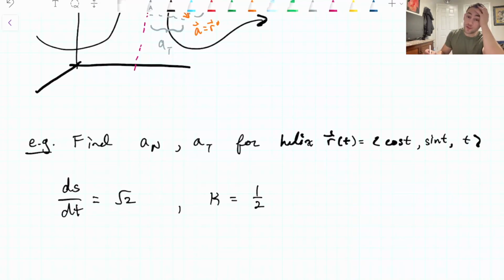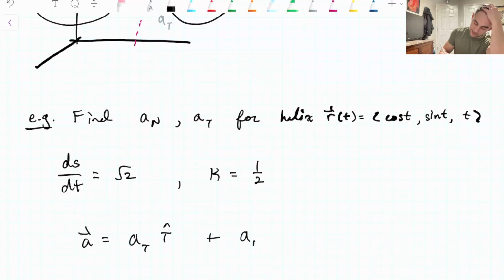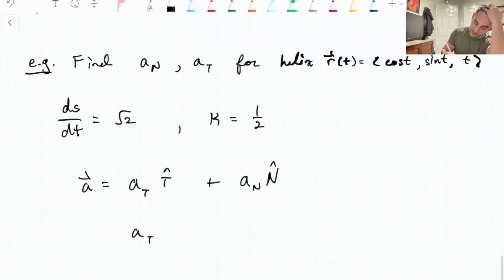So putting together these normal components should be pretty straightforward. I should find that the acceleration vector a sub t t hat plus a sub n n hat has components a sub t equal the derivative of the speed.